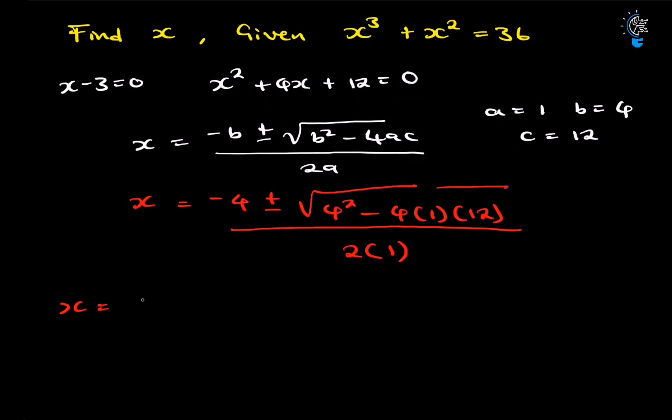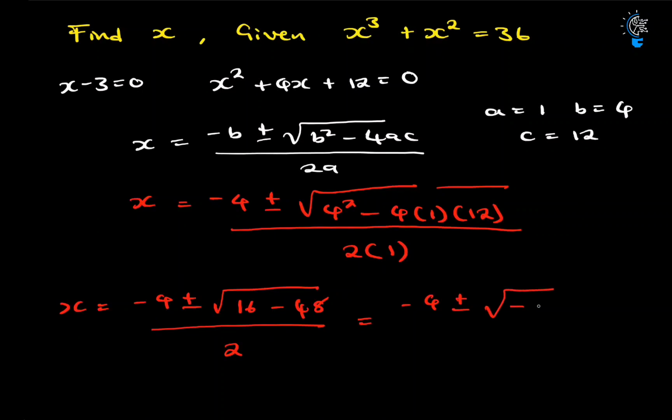X will be equal to negative 4 plus or minus the root of this part. Now when you punch this in your calculator, 16 minus 48 divided by 2, this will give us negative 4 plus or minus the root of negative 32.